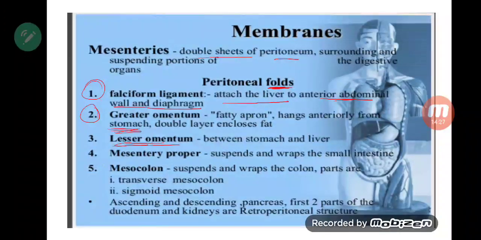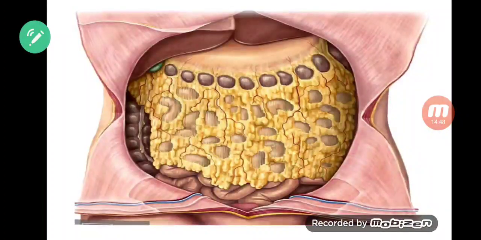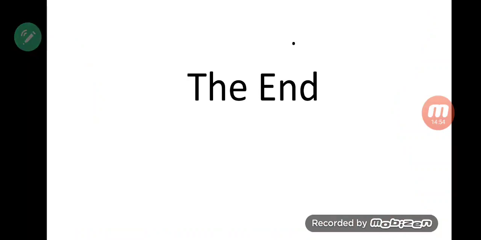The mesentery proper suspends and wraps the small intestine, and the mesocolon suspends and wraps the colon parts, transverse mesocolon and sigmoid mesocolon. Here is a picture of the peritoneum from outside. Thank you.